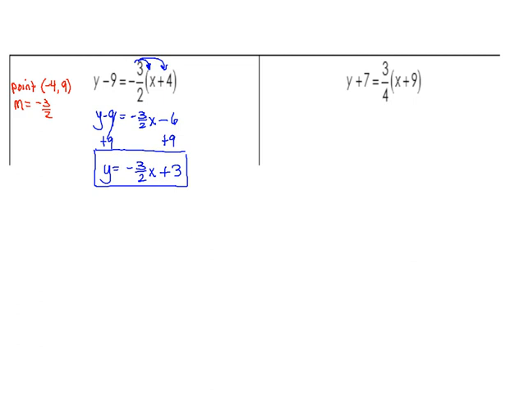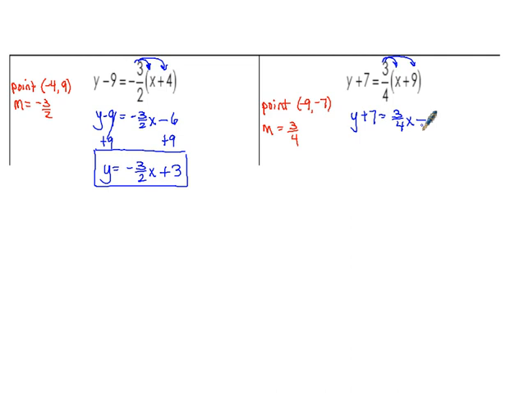And one more into our guided notes. The original ordered pair hiding in there should be negative 9 comma negative 7, and your slope of 3/4. And let's go ahead and distribute to get the y by itself, 3/4 x.